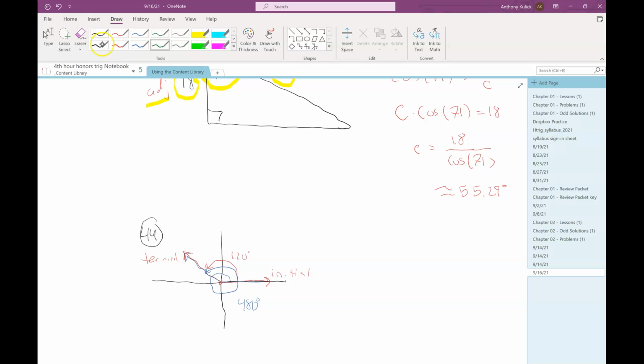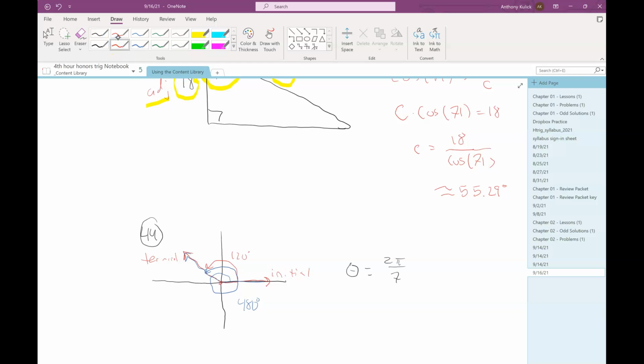Now, 44, the angle that we have in question, is in radians. So the radian equivalent of 360 degrees is 2 pi. Remember, our conversion factor is 180 degrees is equal to 1 pi. So 360 degrees has to equal 2 pi, right?